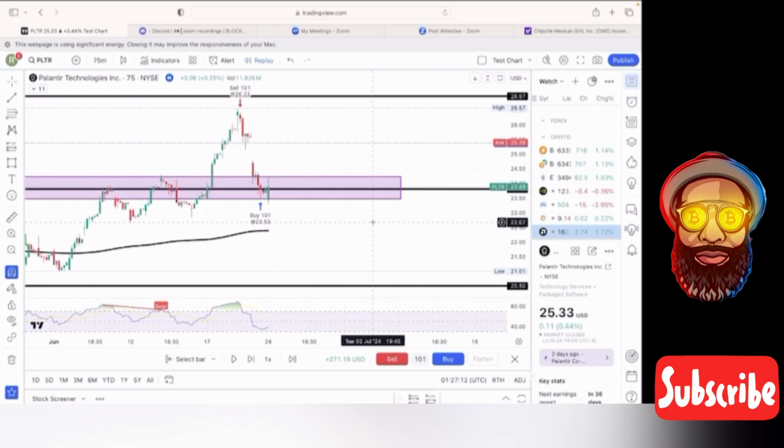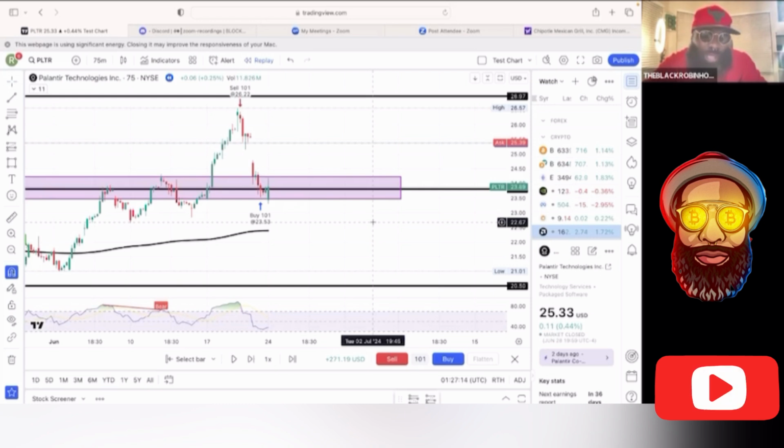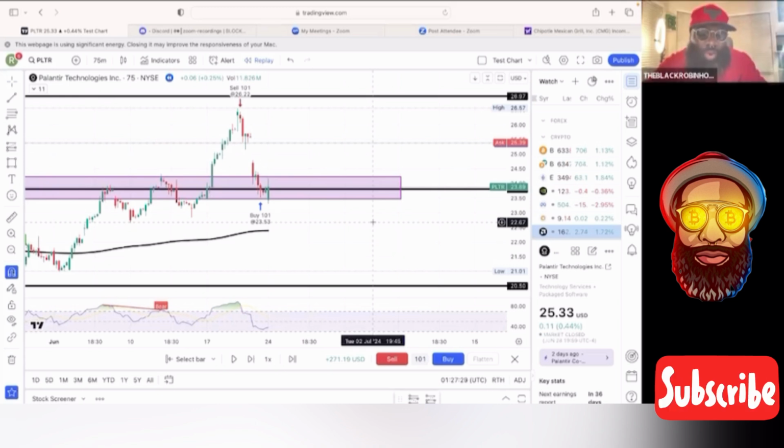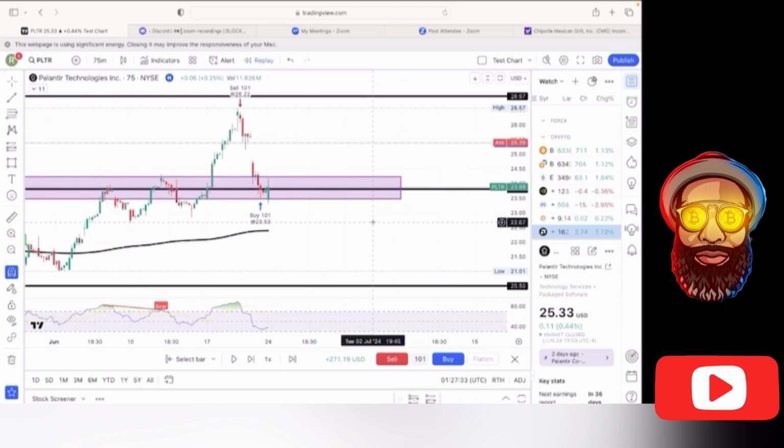It's not a default because typically you have a 12-month, 6 month, 3 months, 1 month, and then you have 1 week, 1 day, 4 hours, 1 hour, 45 minutes, 30 minutes, 15. Those are the basic ones. But I've just created my own just to see if I can get a little edge in the market.